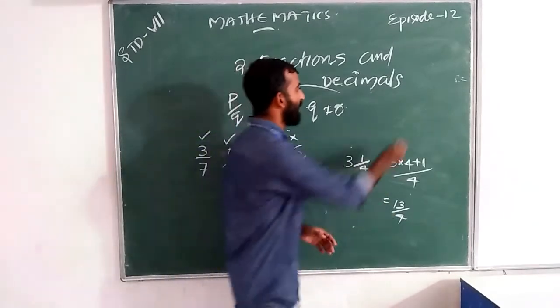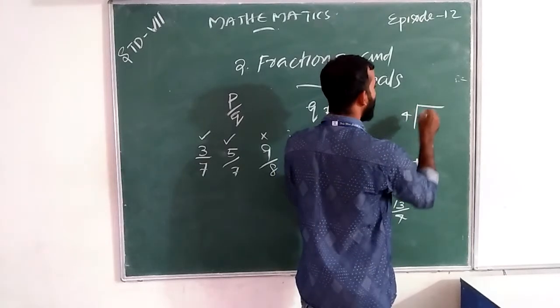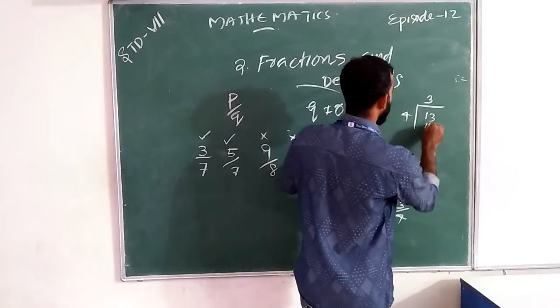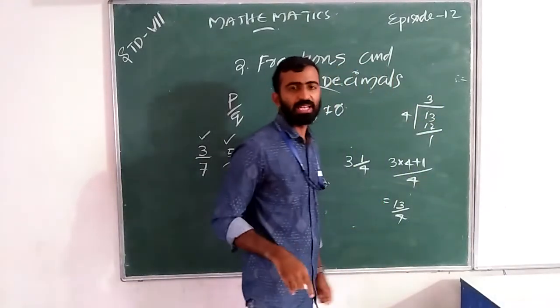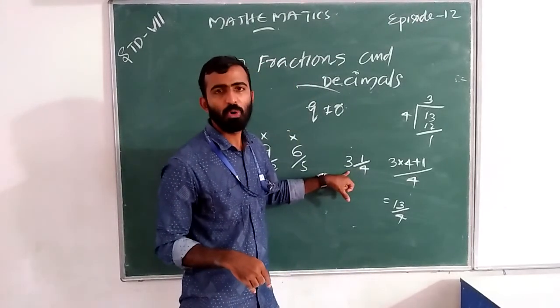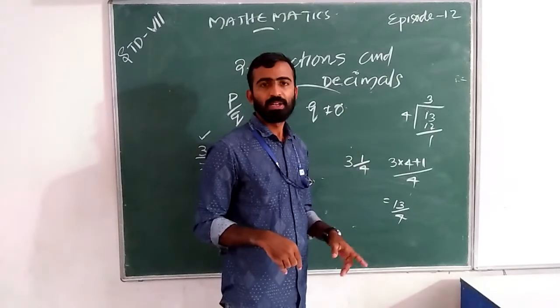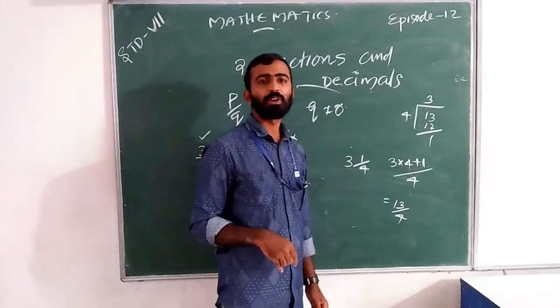When we divide 13 by 4, 3 into 4 is 12, so here I write 3 and 1 by 4. 3 is quotient, 4 is divisor, and 1 is remainder.